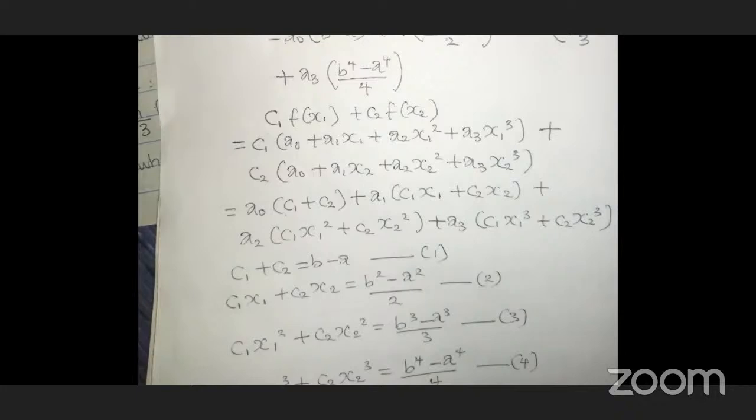Then plus, when you open the bracket for C1 a2 x1 square, if you factor it out, a2 is common, then C1 x1 square plus C2 x2 squared. Then you do that for the last one, that's a3 times C1 x1 cube plus C2 x2 cube.